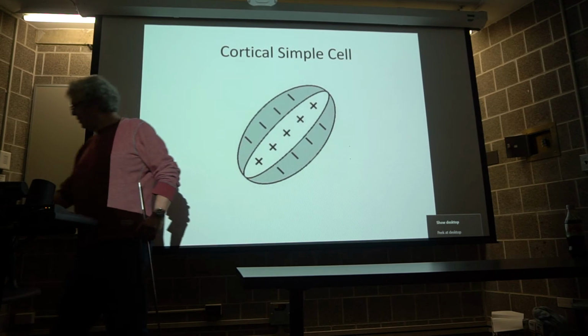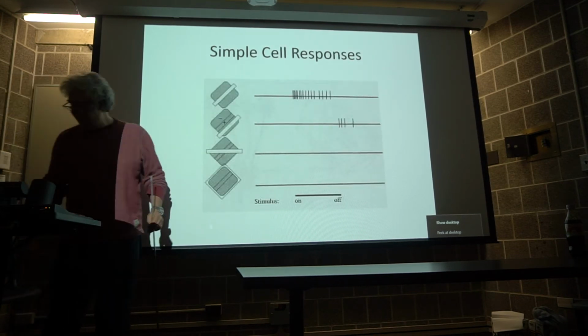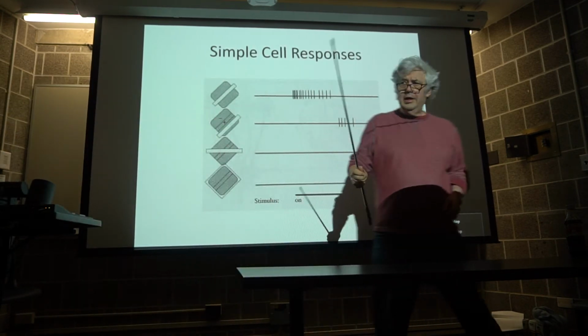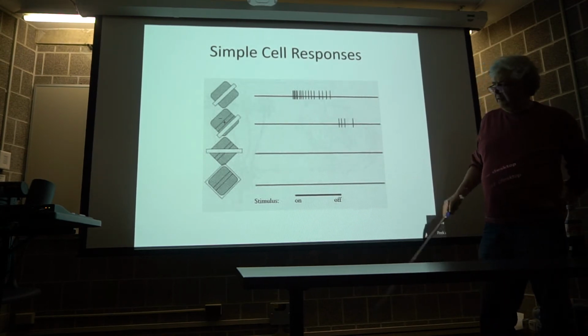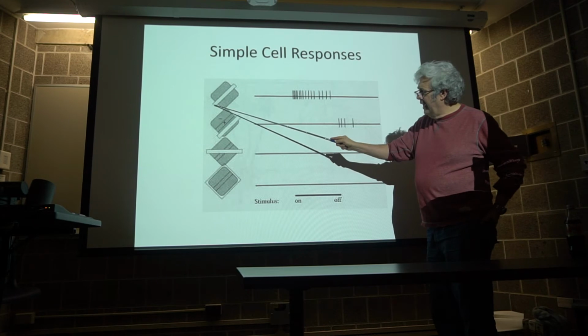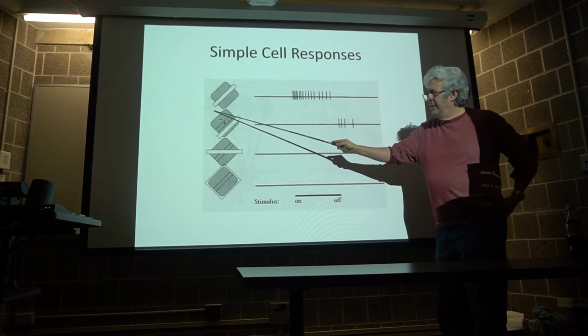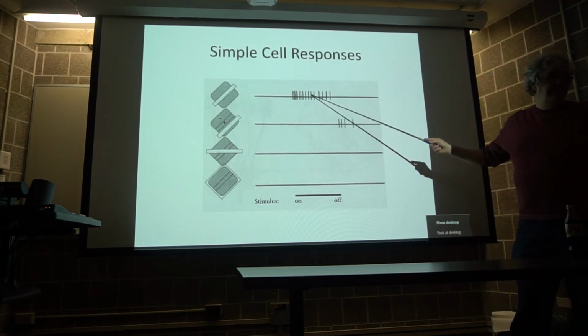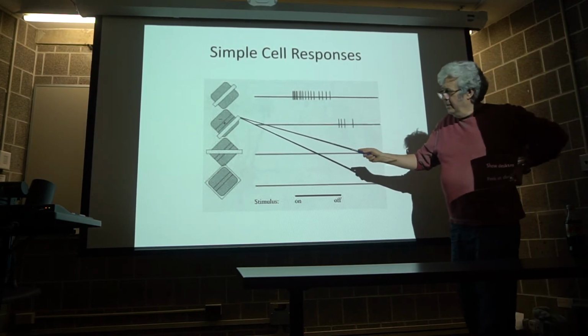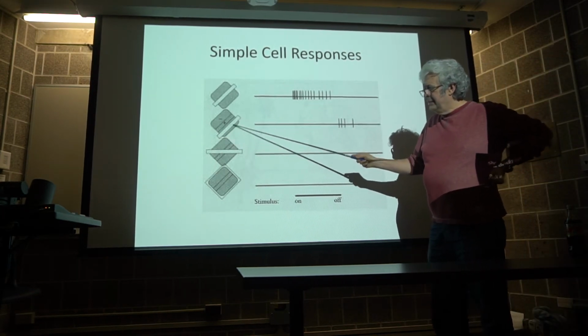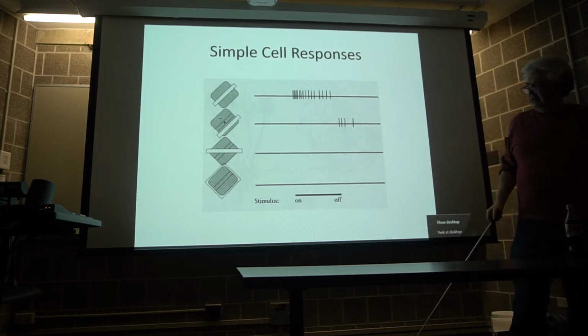Here's some real data just to show you I ain't making this stuff up. Here we have a cortical simple cell, and these are its responses to various stimuli. Here's a bar of light placed at this angle in the middle of the receptive field. You get a nice excitatory response. Here's a bar of light placed not in the center, but placed in the inhibitory surround.